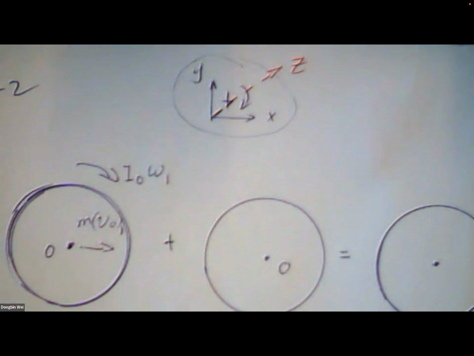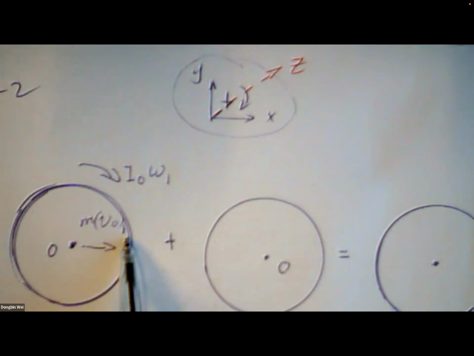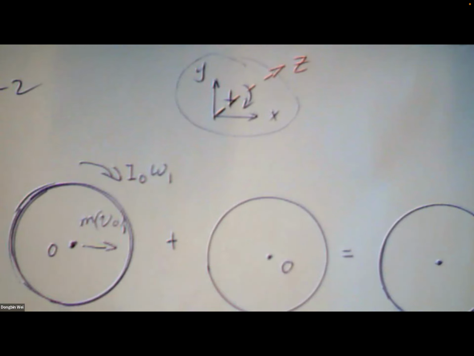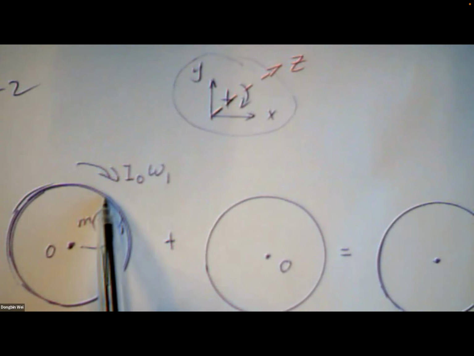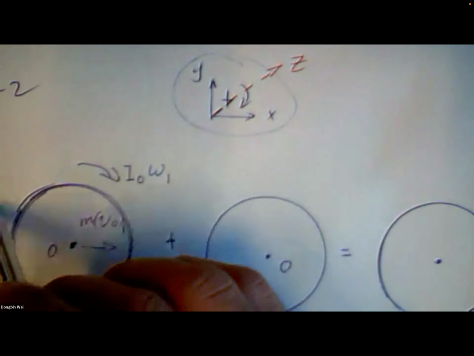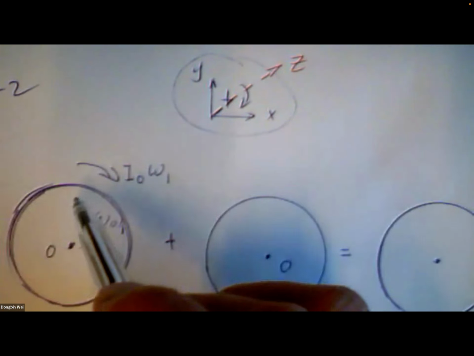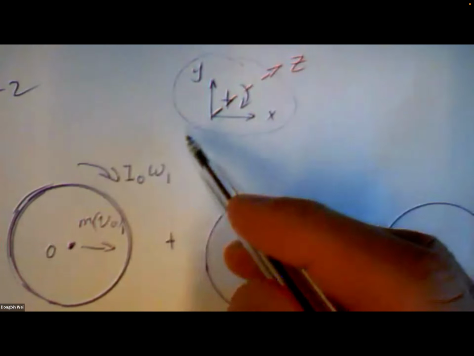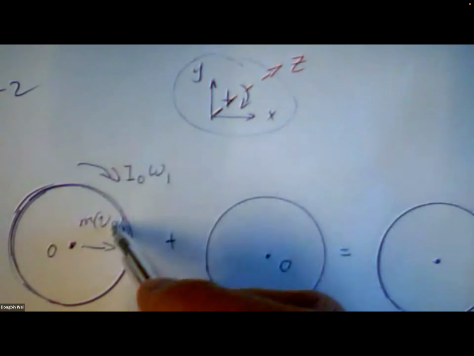That's the initial linear momentum and initial angular momentum. By observation, because the couple moment is clockwise, we can know omega and vO should be positive.